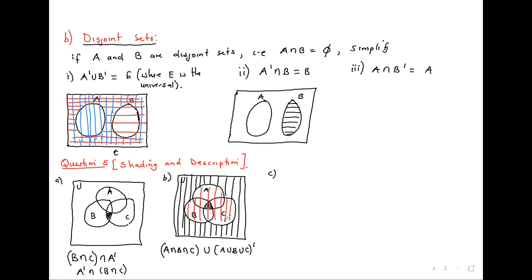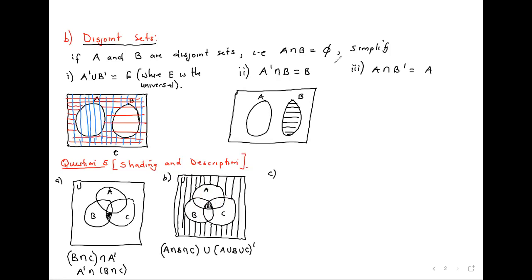This is A union B union C. But we have shaded the outside of it, so we have said complement. Okay. So after saying complement, if we realize that something inside has been shaded, then we use union to mean that thing.